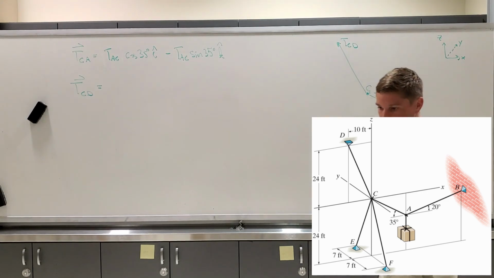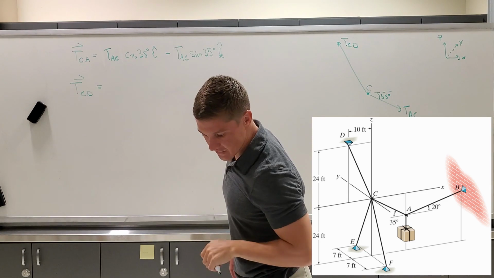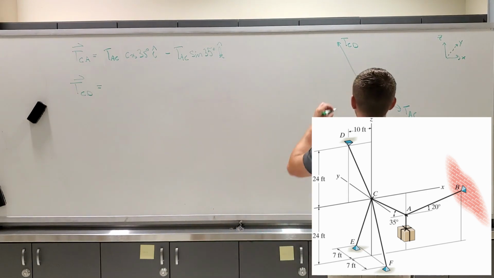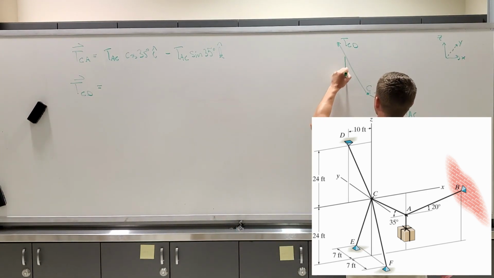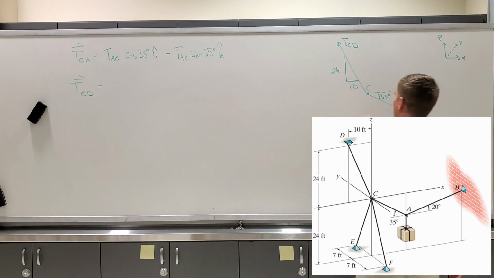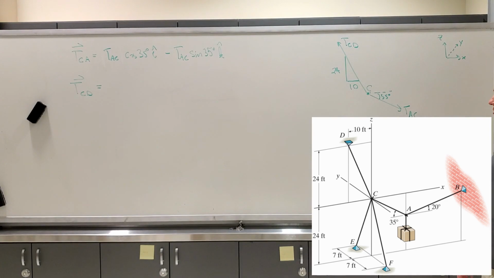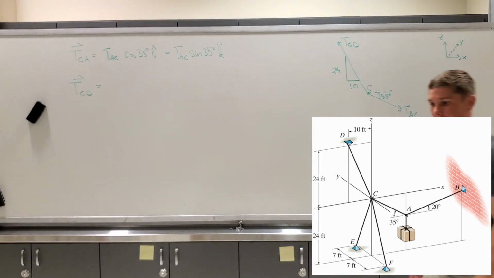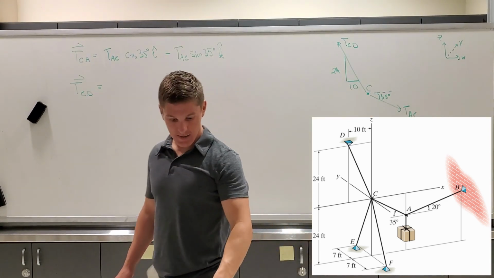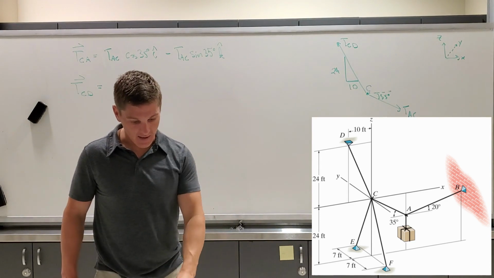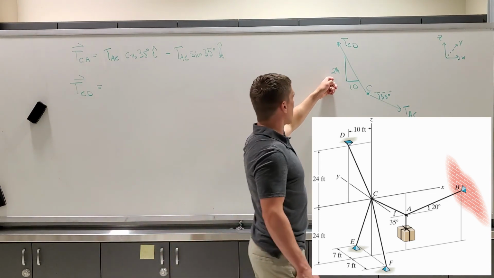From the dimensions of the rope, they gave us a slope triangle. It goes upwards 24 feet, and it goes over 10 feet. So my slope triangle is going to be 24 and 10.